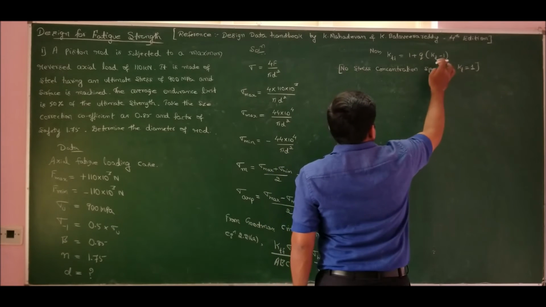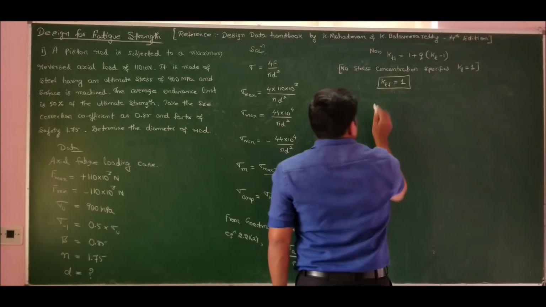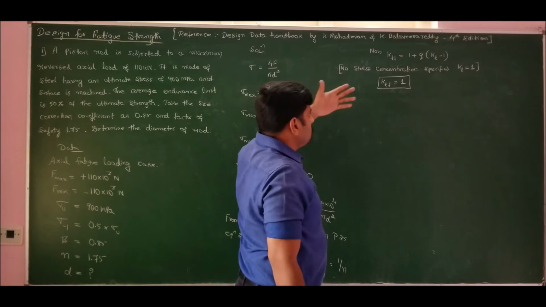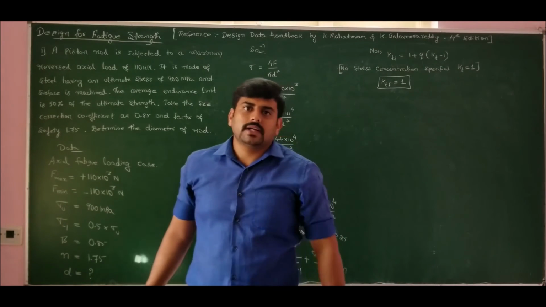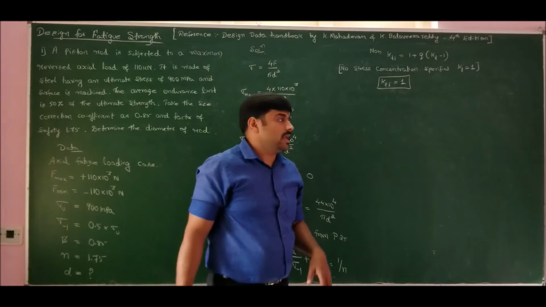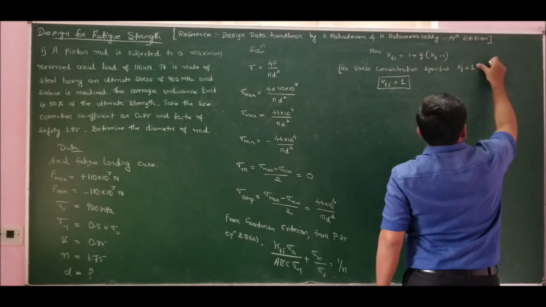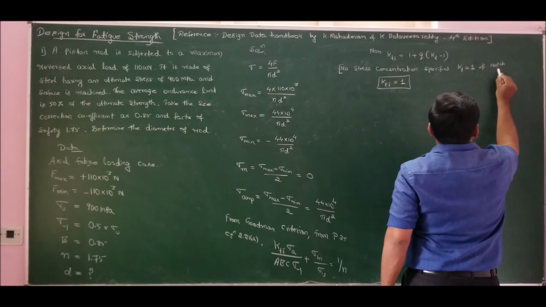Substitute this into the equation, I will get K_TF as 1. Nothing to worry about notch sensitivity, and notch sensitivity is also not specified. If notch sensitivity is not specified, take notch sensitivity as unity. K_T is 1 and notch sensitivity q is also 1 because there is no information about notch sensitivity.